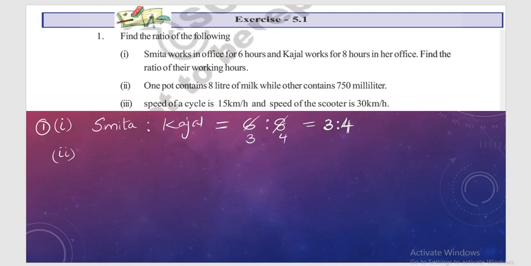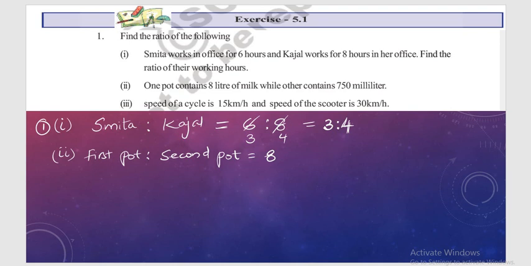So first pot is to second pot. The first pot is 8 liters. Converting liters into milliliters is easy, because 1 liter is equal to 1000 ml.